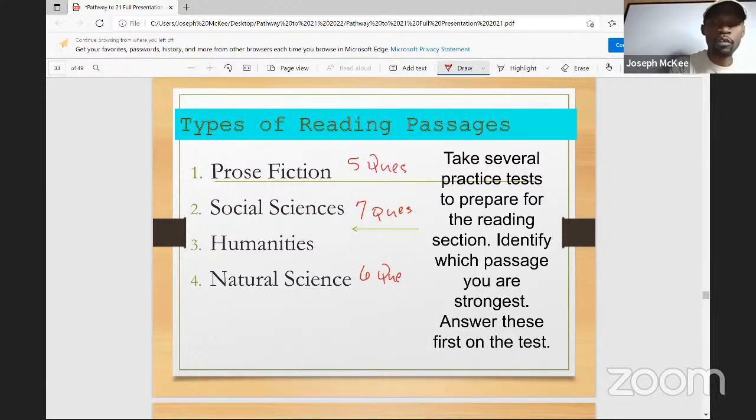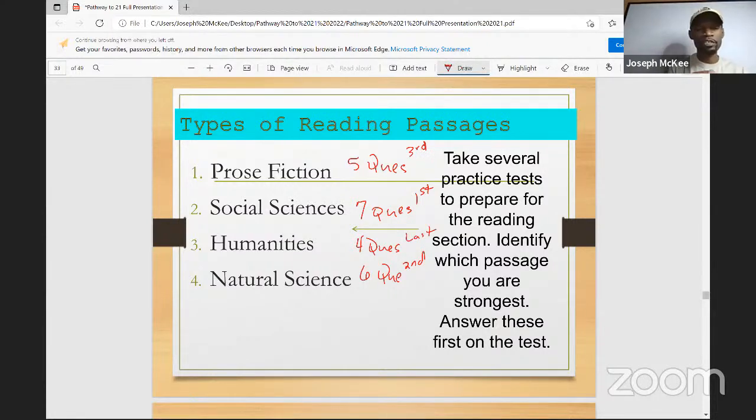Humanities, you may only be getting 4 questions correct. If this happens over and over again, what you want to do is say, when you get to the test, I know I'm starting with social sciences first. Then I'm going to go find the natural science. Then I'm going to go do prose fiction. And then I'll do humanities last.